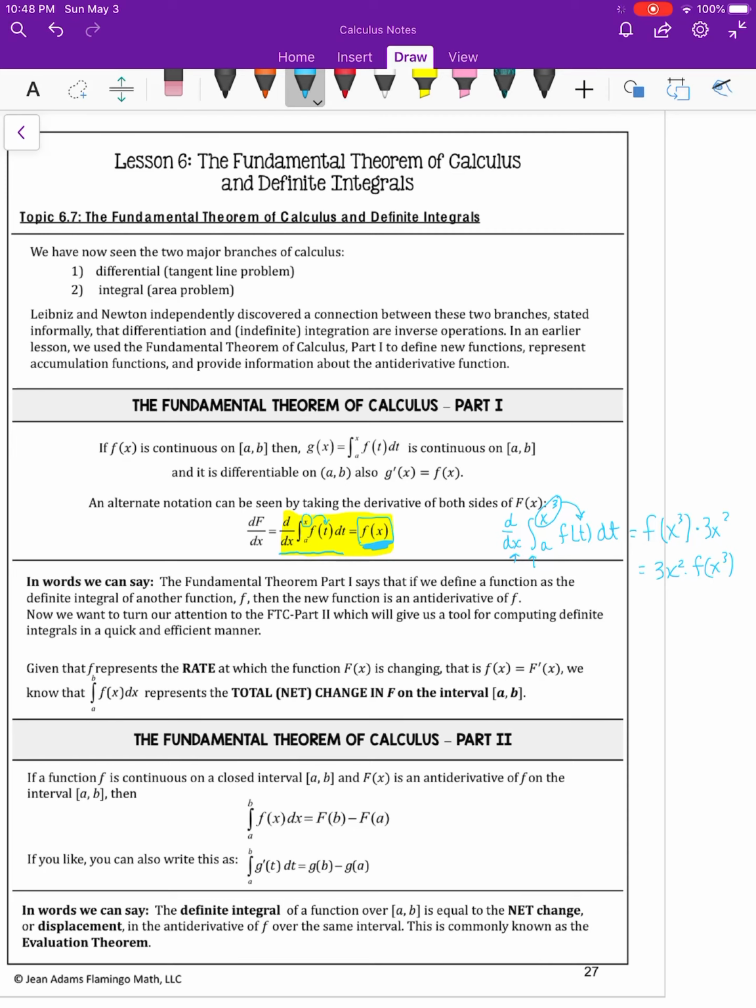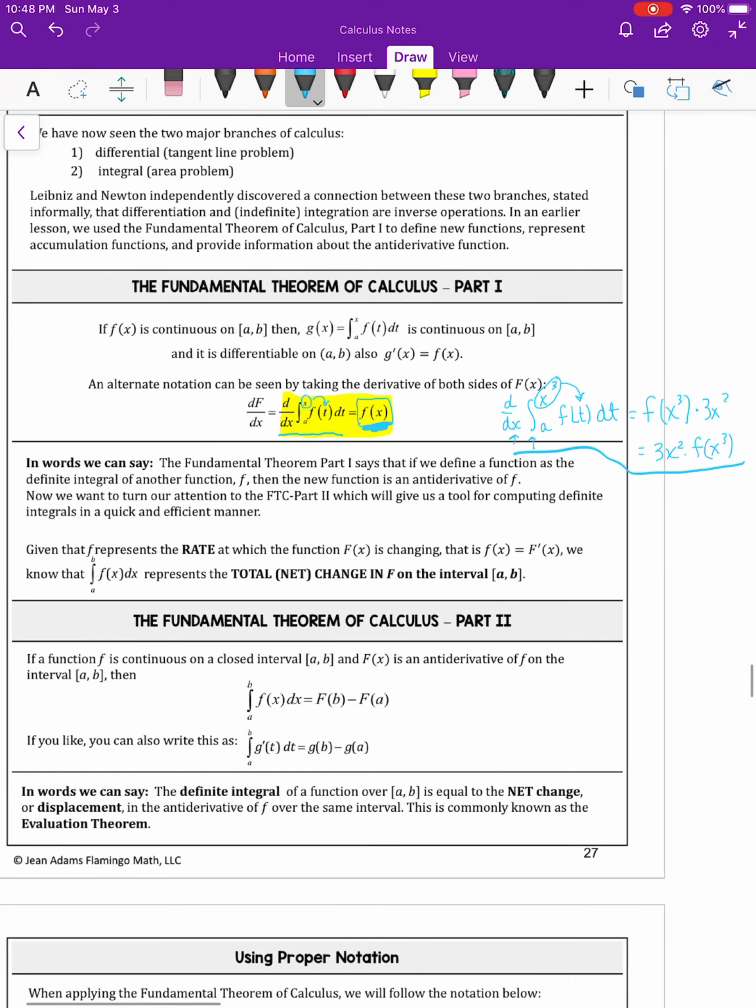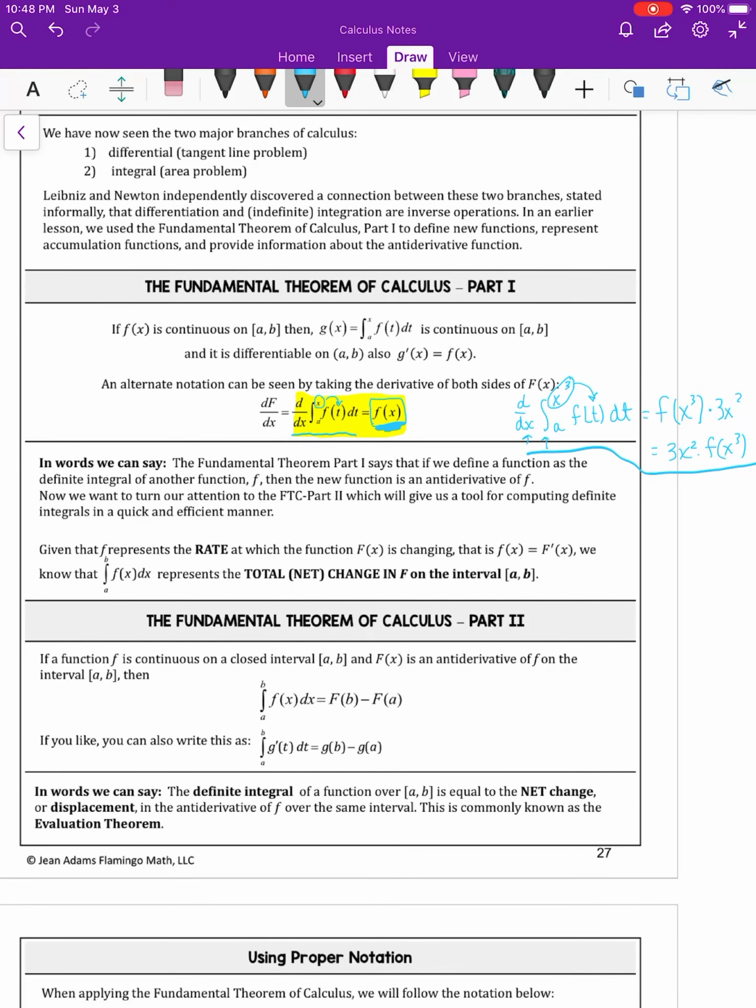If this x value has a derivative that is 1, then you're just putting that in right here to get this answer, okay? But if it has any other derivative, like I showed you over here, then you have to multiply by it, just like we would with the chain rule. So in words, we can say the Fundamental Theorem Part 1 says that if we define a function as the definite integral of another function, then the new function is an antiderivative of that function.